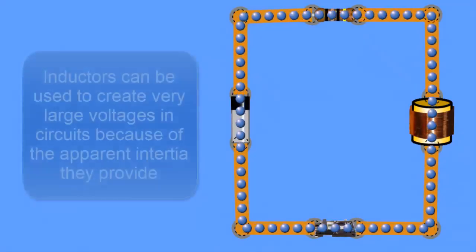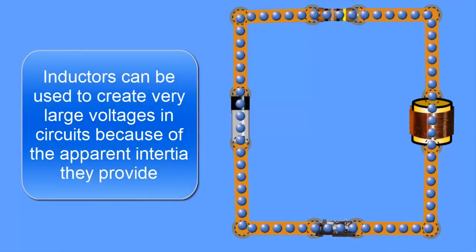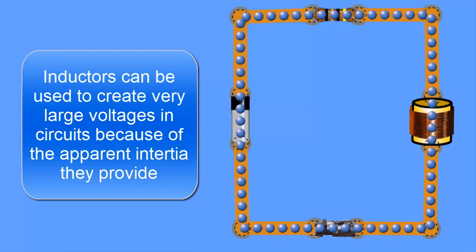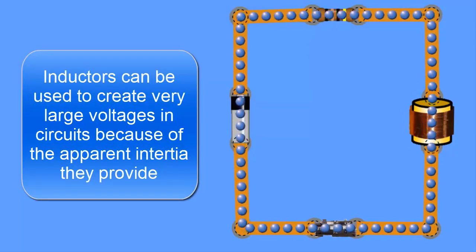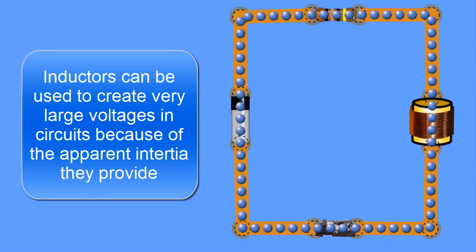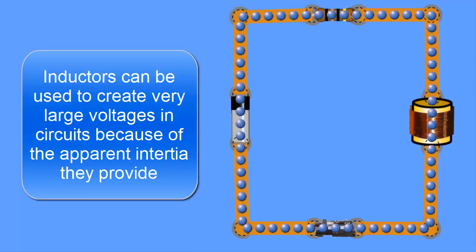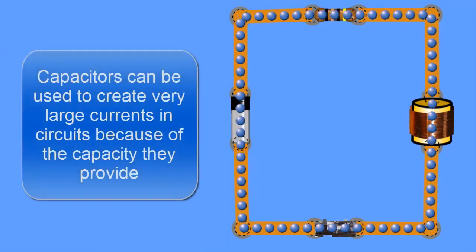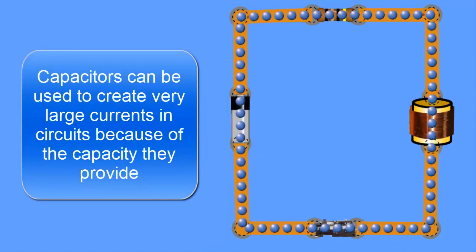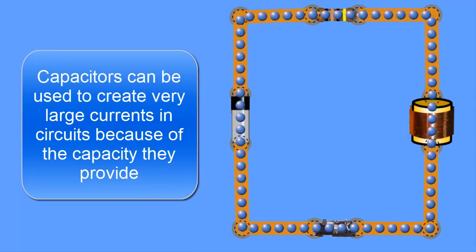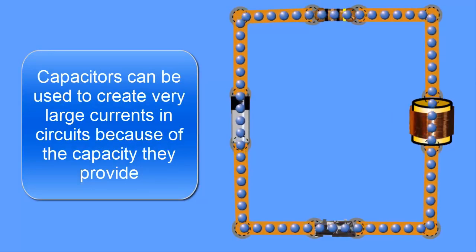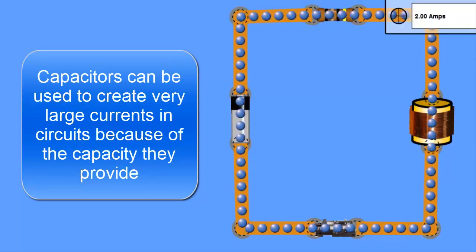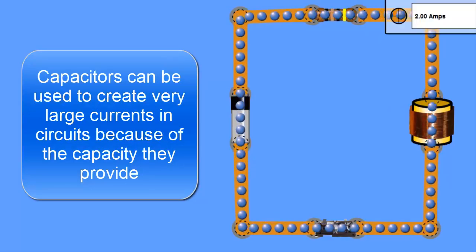Because inductors have this property of preventing instantaneous changes in current, we can do some interesting things with them. For one thing, let's see what happens when we try to stop this current from flowing. We already know that we have 2 amps of current flowing.